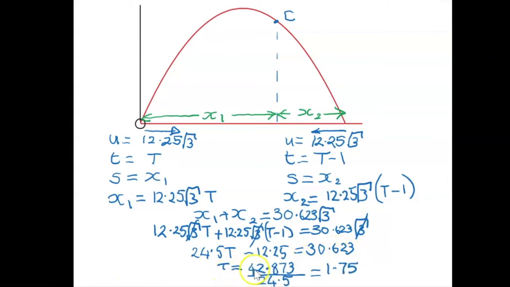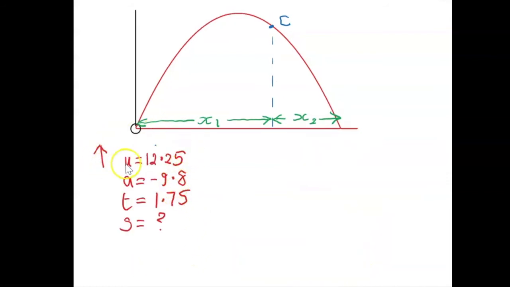So t equals 42.873 divided by 24.5. But if we kept the accurate value from the first part, this will give us an exact answer that t is equal to 1.75.